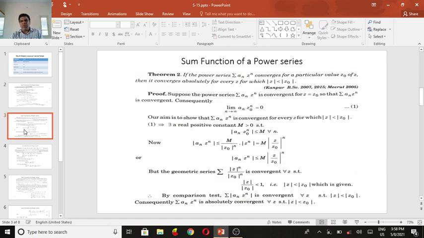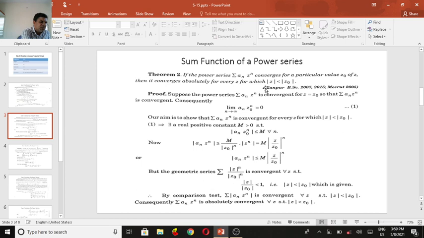We now prove one more theorem on the convergence of power series. If the power series summation a n z power n converges for a particular value z naught of z, then it converges absolutely for every value of z for which mod z is less than mod z naught.